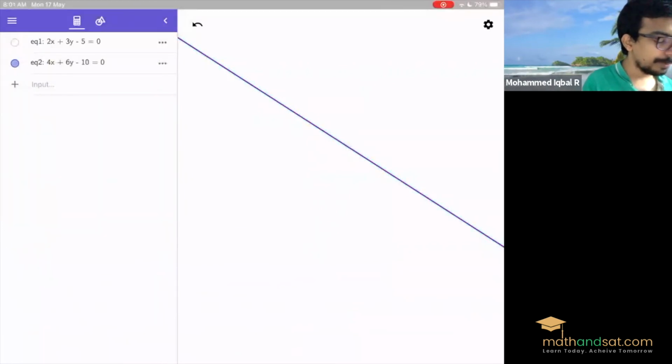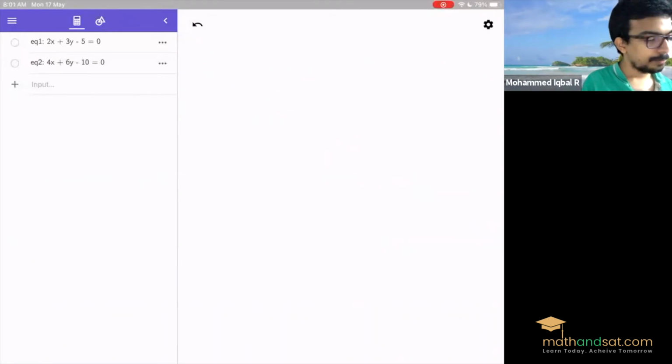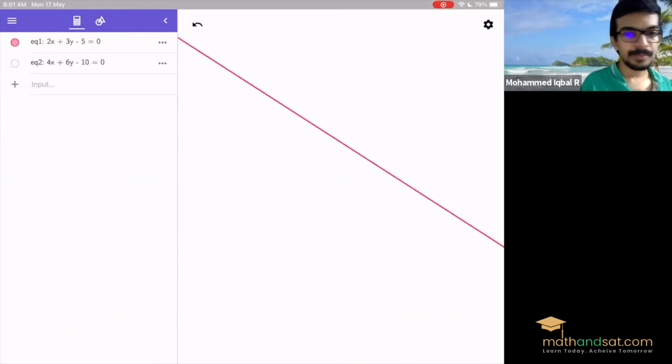This is the blue graph, this is the red graph. And they are coincident.